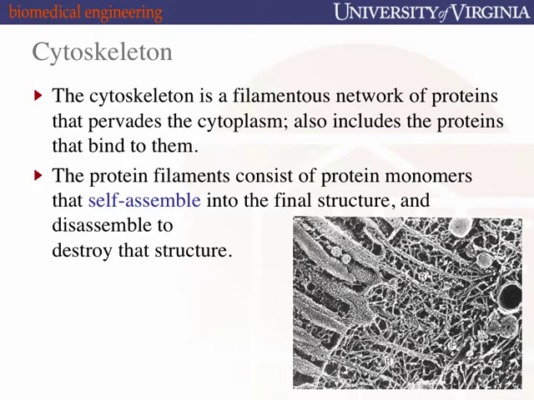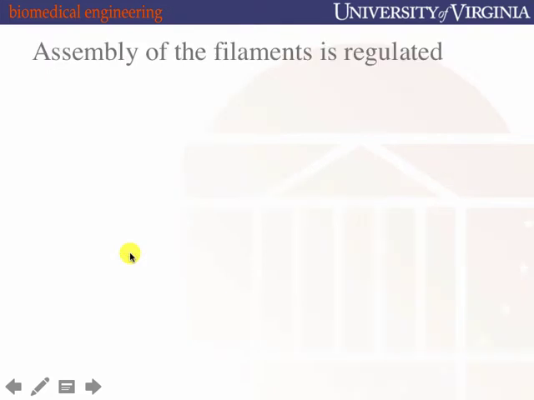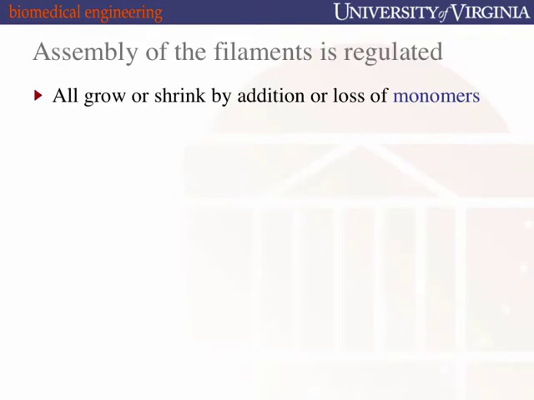It's their innate ability. So this is what we would term self-assembly into a final structure, and they disassemble to destroy that structure. Okay, so the assembly of filaments is regulated. They all grow or shrink by the addition or loss of monomers. Okay, this is what defines a polymer system.